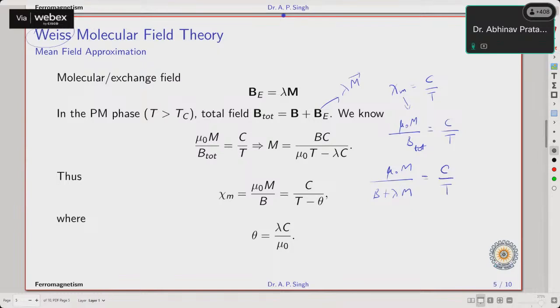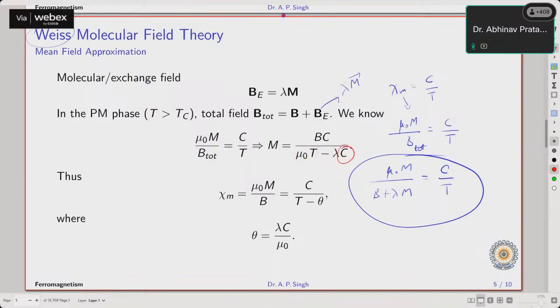So what you can do from all of this is calculate this value of M. All right, you can separate the variables, and it is an easy thing to do, and find out this value of M. So this value of M turns out to be this quantity, where B is the magnetic field, C is this constant C, mu naught obviously you know, T also you know, lambda is again this parameter.